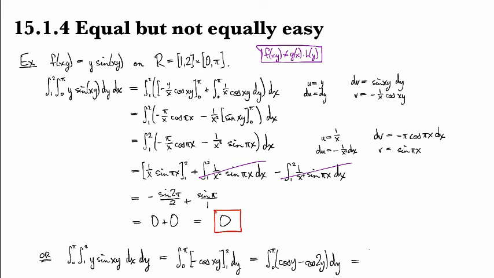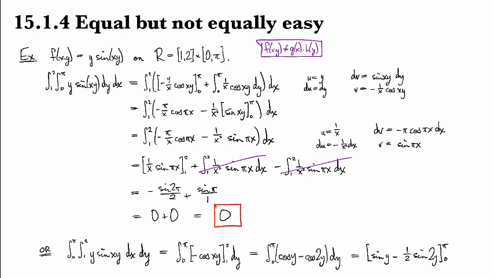Doing that integral, we get sine of y minus 1/2 sine of 2y from 0 to pi. And then for the same reasons as before, that gives us 0.